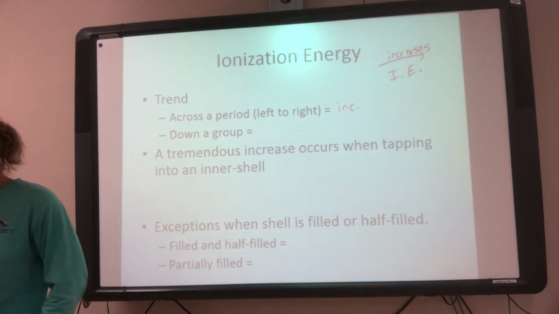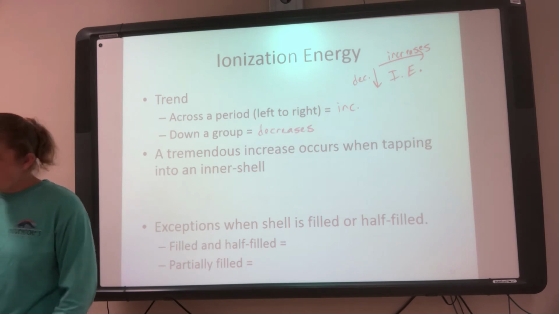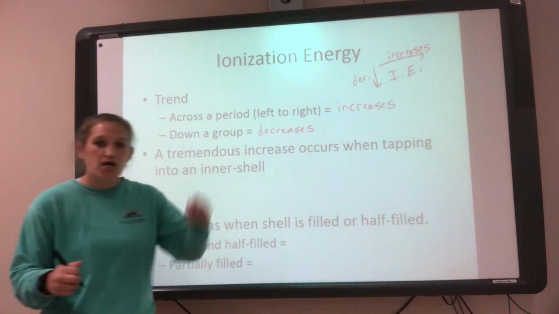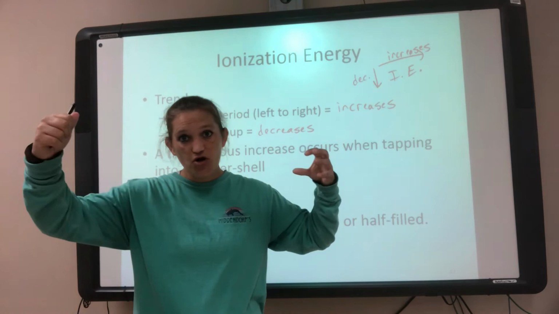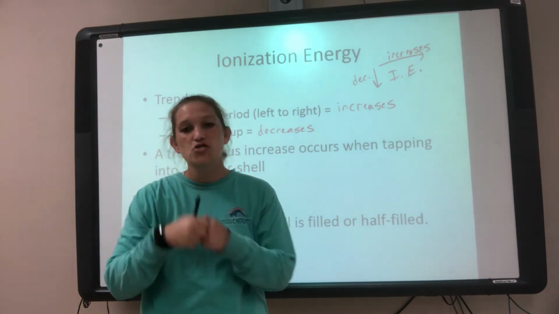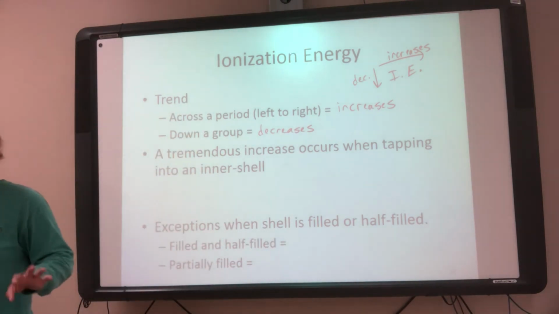And then as I go down a group, my ionization energy decreases. This is due to the size. Remember, when I go down a group, my size gets bigger. So that means these electrons are further away from the nucleus. They don't feel the protons as much, so it's easier for me to remove them. So that's my trend, okay?